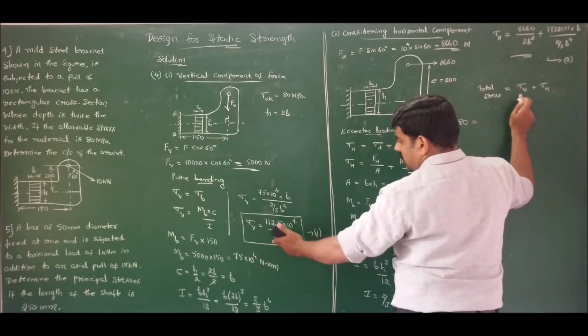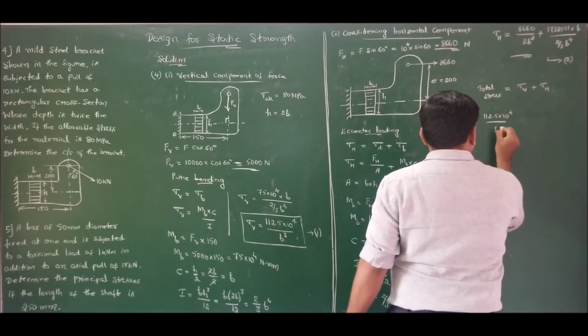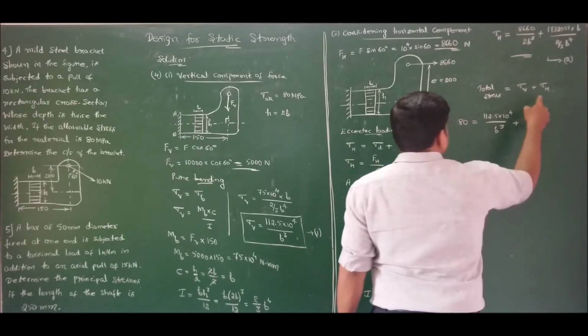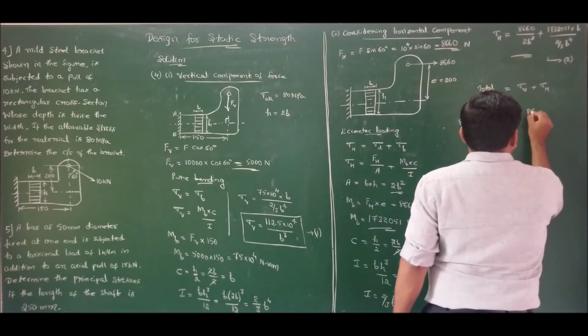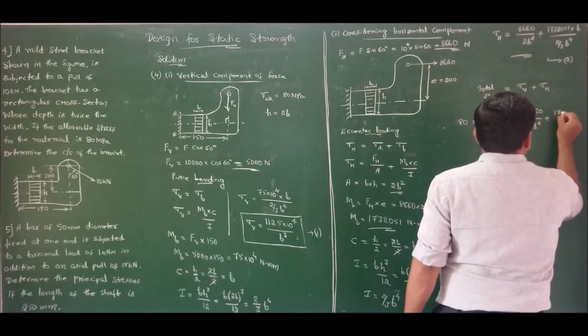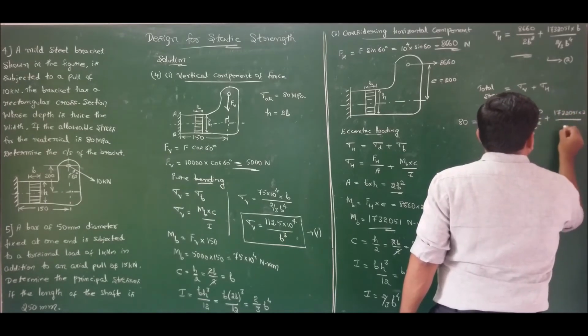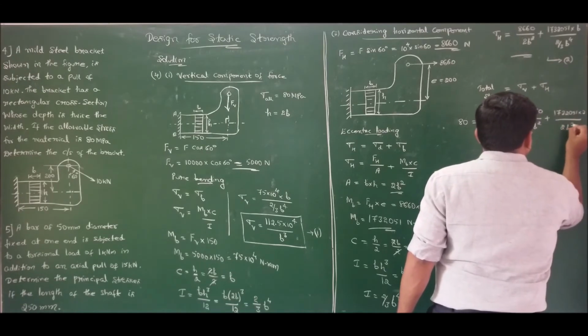The stress induced due to the vertical component of force is 112.5 into 10 to the power of 4 divided by b cube, plus the horizontal component of force is 8660 by 2b square plus 1732051 into 3 by 2b cube.